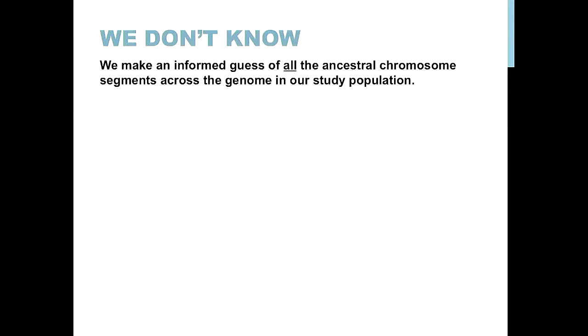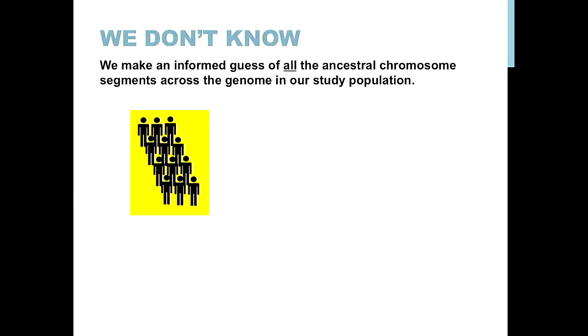So the straightforward answer is that we don't know 100% what those ancestral chromosome segments actually are, but we can make a pretty good guess in which we look at all the ancestral chromosome segments across the genome in our study population based on what we know about how chromosomes recombine during meiosis and some hopefully very simple math.